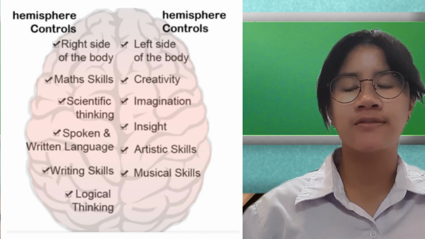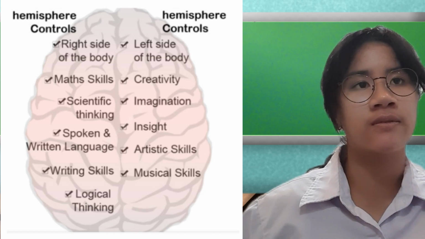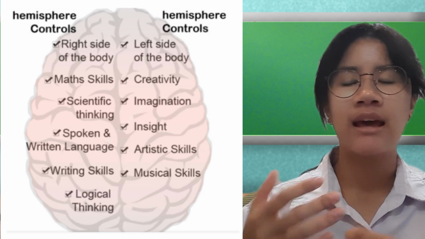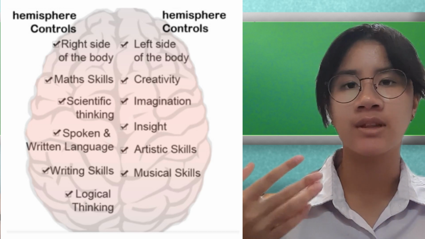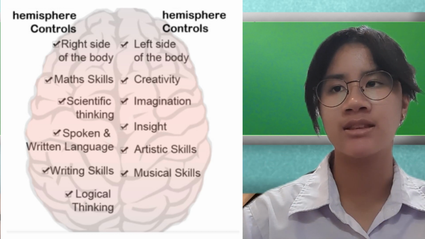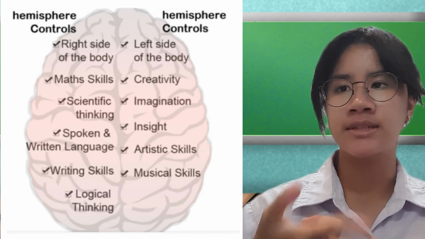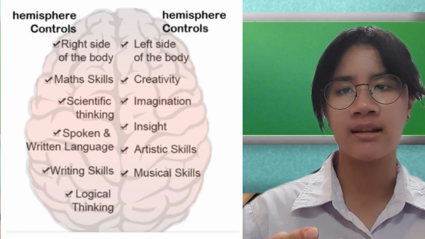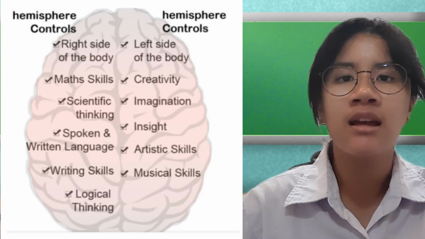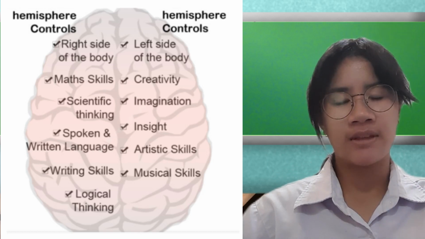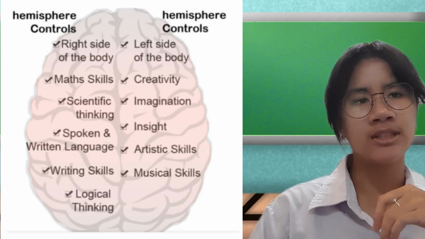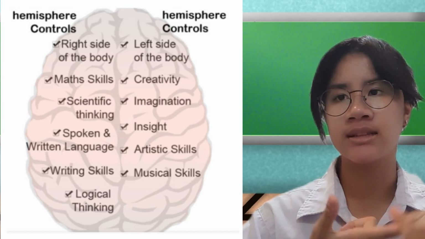The right hemisphere deals with most of the right part of our body, and it also deals mostly with logic, which covers math skills, scientific thinking, spoken and written language, writing skills, and logical thinking. However, the left hemisphere deals with creativity, art, insight, musical stuff, and so on.